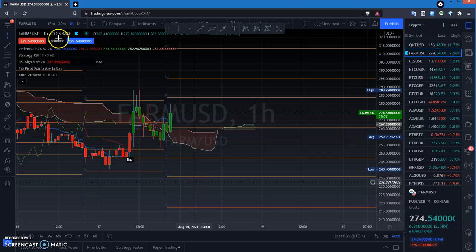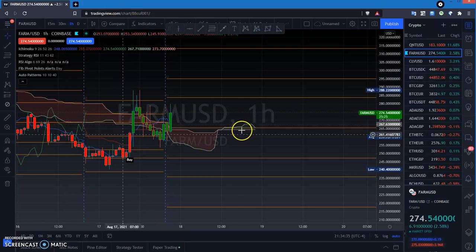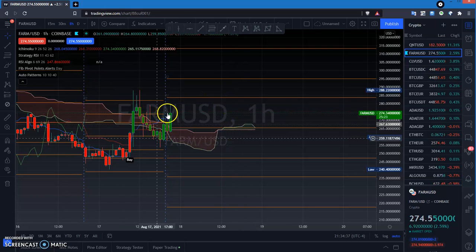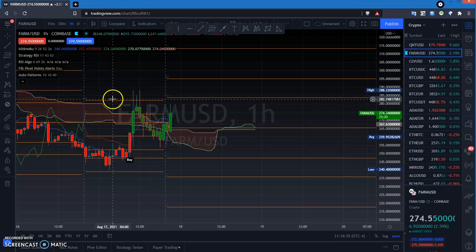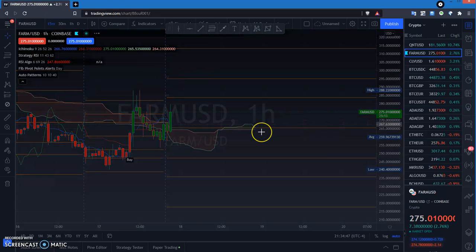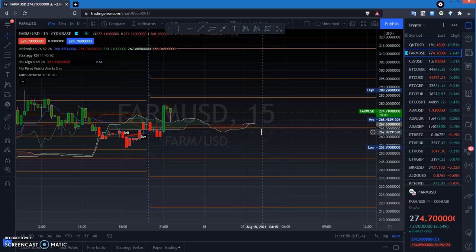Sometimes you go 15, it's above the support, it's above the Ichimoku, and on the 30, it's below, but not the case with this one. So I was really surprised to see that. And I saw it going from a negative percentile into the positive. So yeah, I'm in Farm now. I've entered farmland.